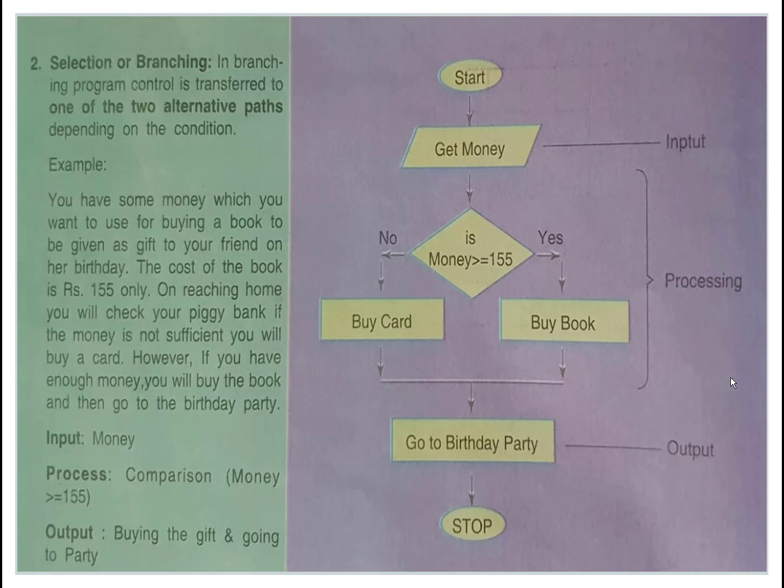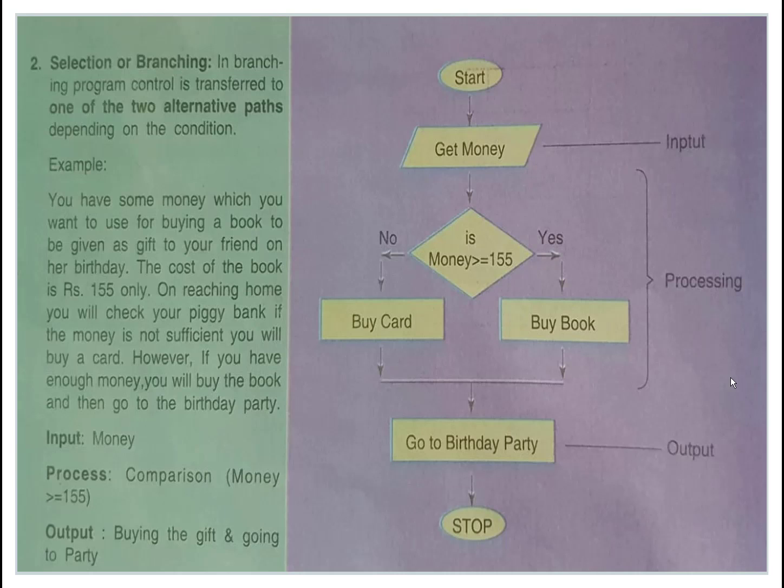Here is one other example. Suppose you have some money which you want to use for buying a book to be given as a gift to your friend on her birthday. The cost of the book is rupees 155 only. On reaching home, you will check your piggy bank. If the money is not sufficient, you will buy a card.